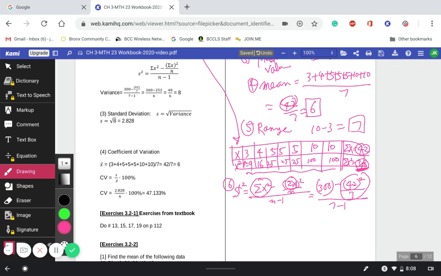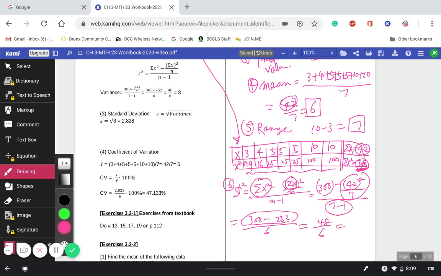So you rewrite this whole thing as 300 minus 252. And obviously 7 minus 1 is 6. So don't do it in your head. You write it down, and always double check that your calculation is correct. And then you do the numerator, which is 48 divided by 6.